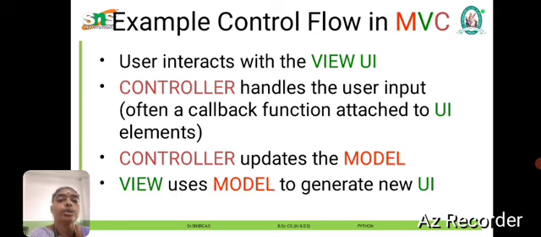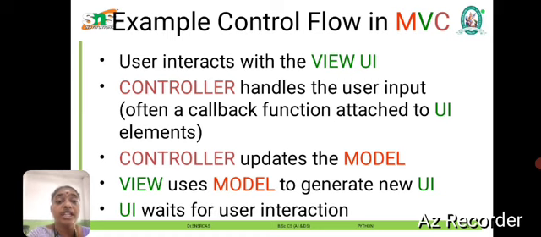And the view uses the model to generate the view UI, that is, the user interface. Whenever the user interacts, the UI waits until the user enters the input or clicks the button. After clicking the button, the coding moves to the controller, the code is evaluated, and finally the output is displayed on the view.